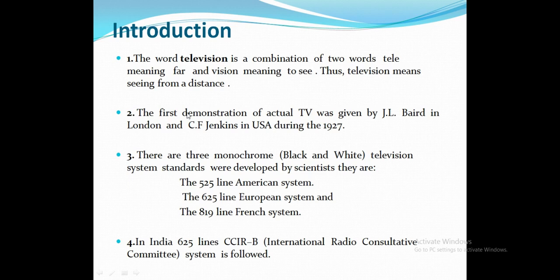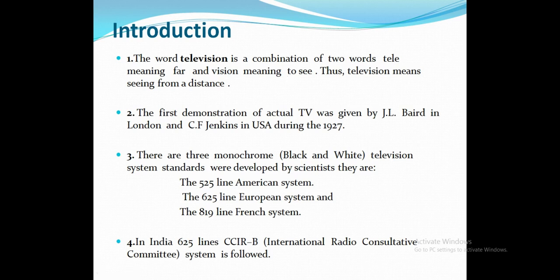The word television is nothing but a combination of two words, tele and vision.